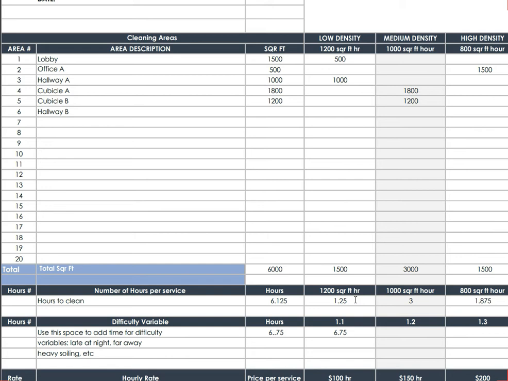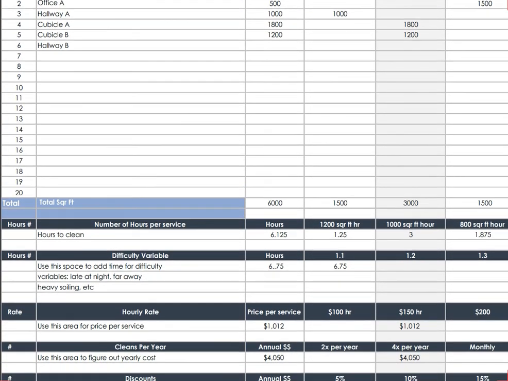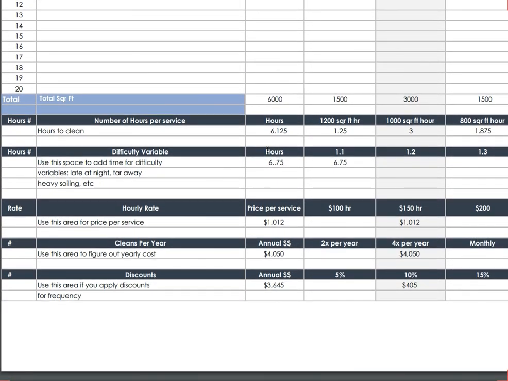And we just broke it down based on the square footage above it. 1,500 square feet, it's going to take us 1.25, then 3 hours, and 1.875 hours. So the total hours is 6.125.